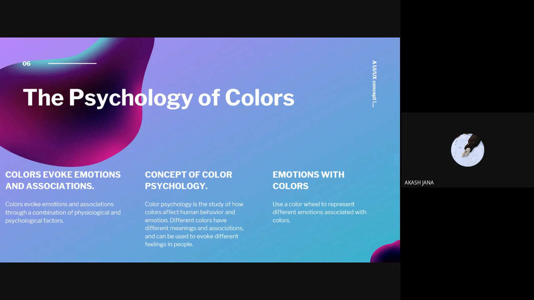Firstly, monochromatic, then analogous, and then complementary. Then color psychology. It is associated with emotions. Then color accessibility. Ensure inclusivity and readability. It means don't use colors that make it difficult for the reader to read.